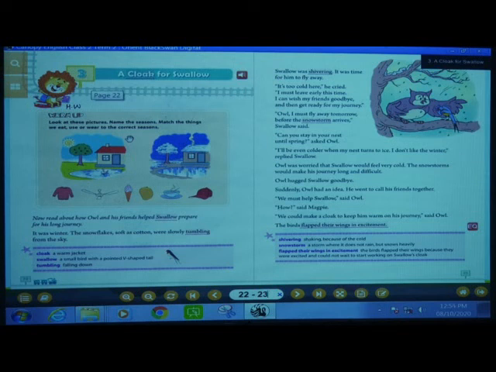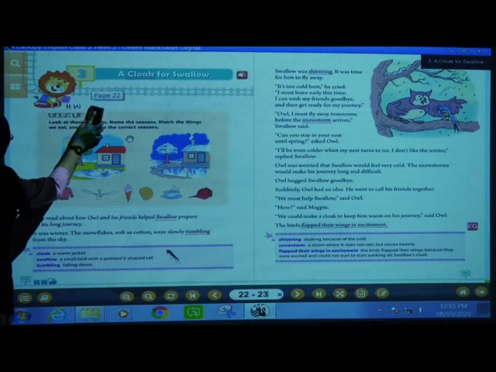Swallow, S-W-A-L-L-O-W. A Cloak for Swallow. Have you all written your homework here, children? Okay.